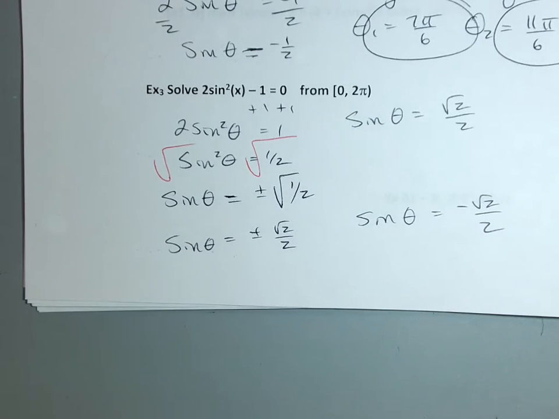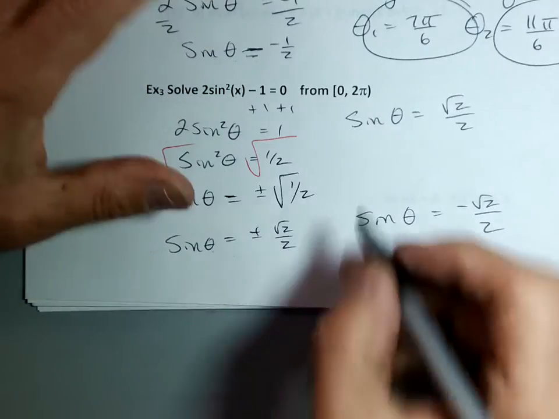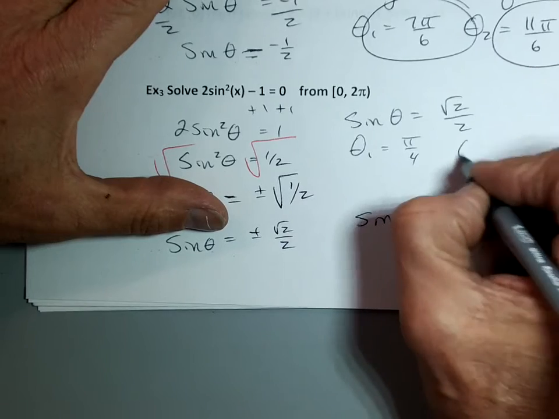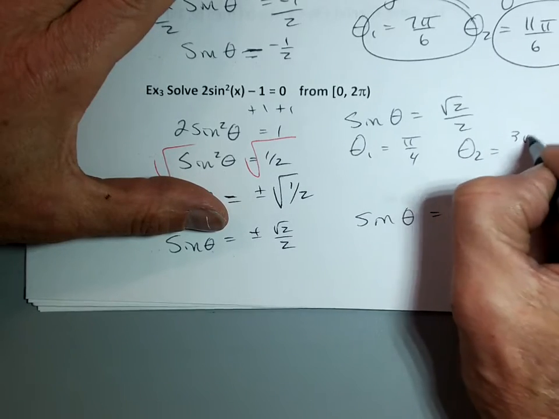So there's 4 places that occurs. Square root of 2 over 2 for sine, which is the y value, right? Here and here. Good? Which makes it pi fourths and 3 pi fourths. Okay, so we'll say theta 1 is pi fourths, theta 2 is 3 pi fourths.